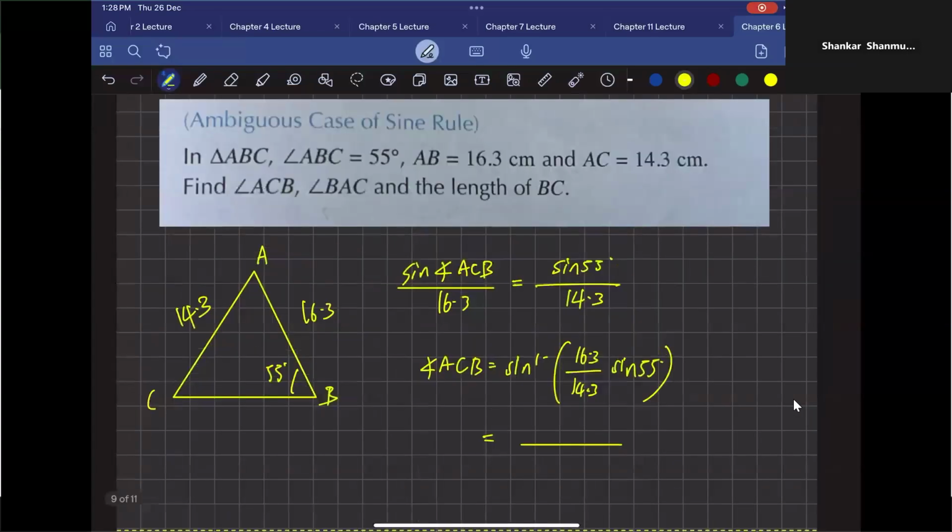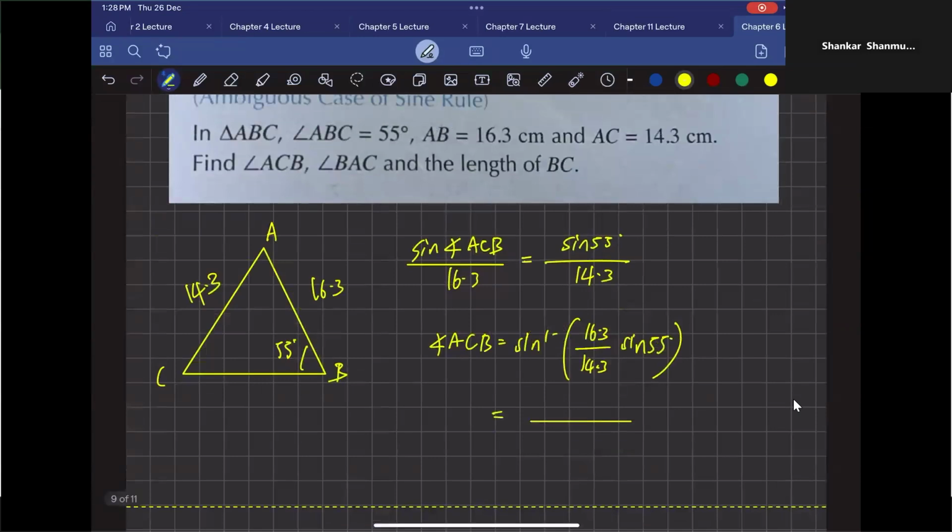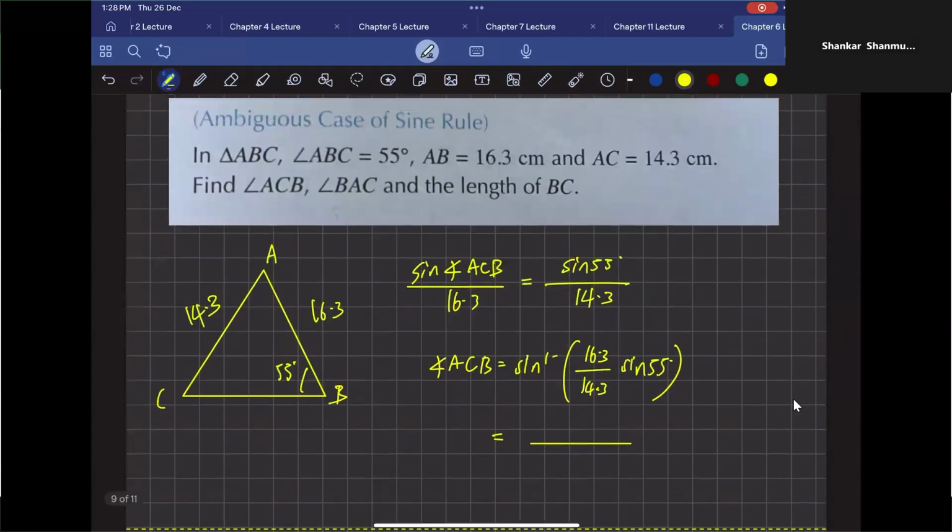Once you find angle ACB, angle BAC and the length of BC should be simple. It's just again your sine rule and other formulas if required.